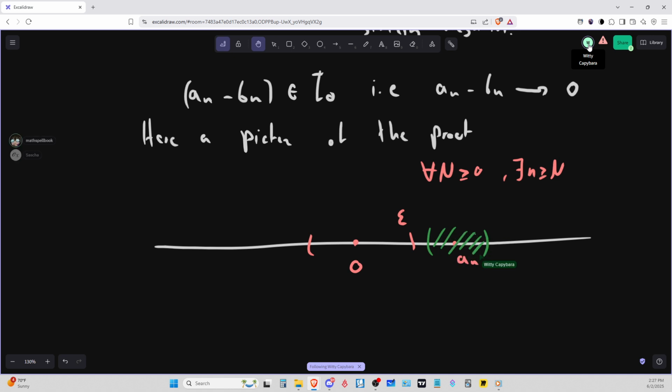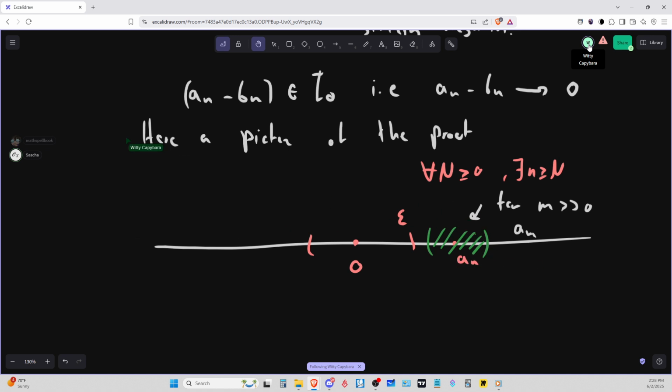So for high enough term, every element of our sequence will be stuck inside of this ball. So maybe I will write something like for m large enough, a_m will be inside of this ball.